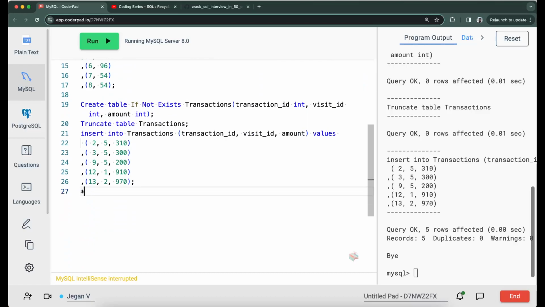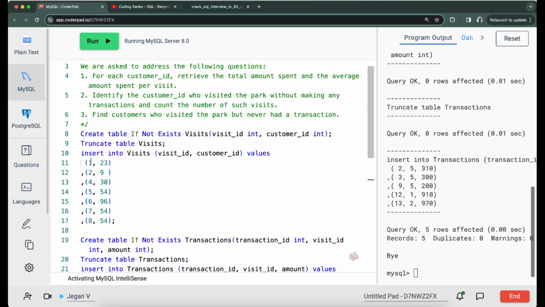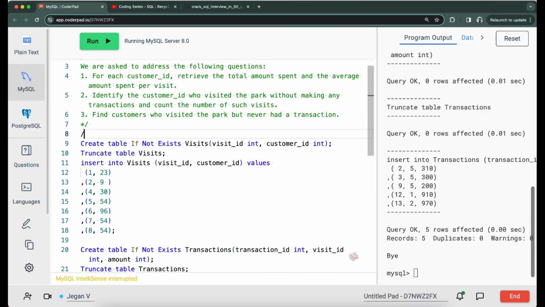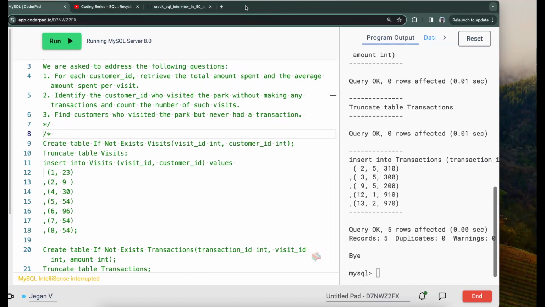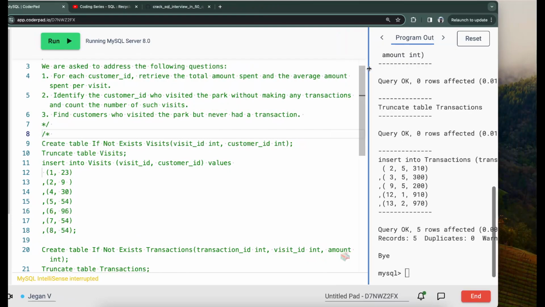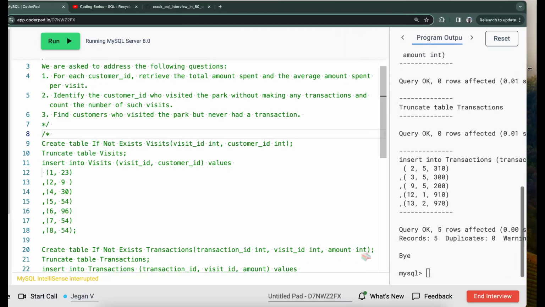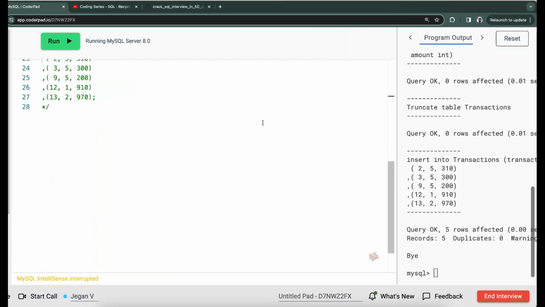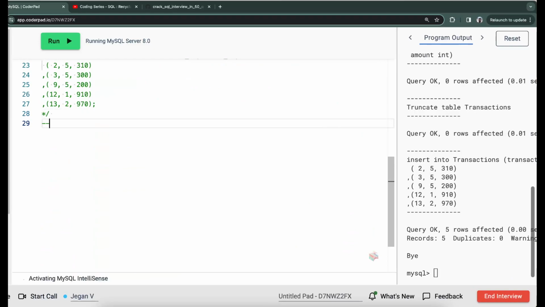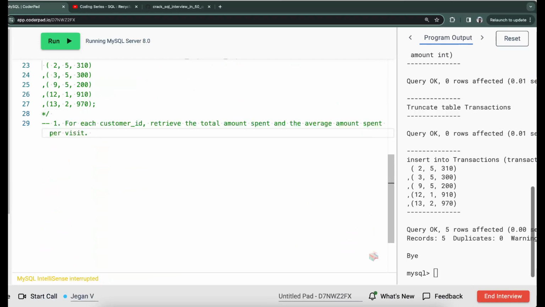Let's comment out the rest and get some space for us. Now let's go with the first question. We want to find for each customer the total amount spent and the average amount spent. Let's go with the basic join, the inner join.